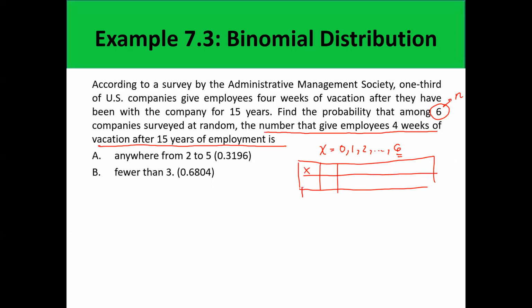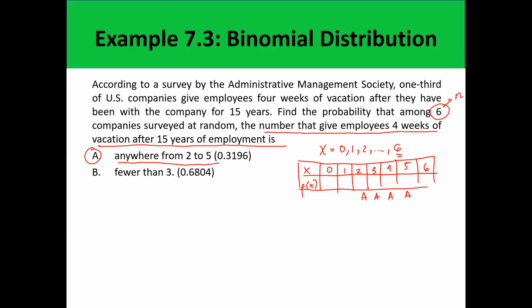So we have x and its probability, and the values of x would range from 0, 1, 2, 3, 4, 5, and 6. Now, since question A is looking for the probability that the number of companies that give employees 4 weeks of vacation after 15 years of employment is anywhere from 2 to 5, then that means we want to find out these 4 probabilities.